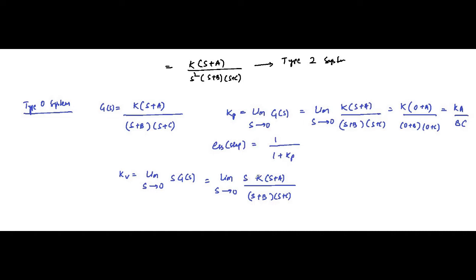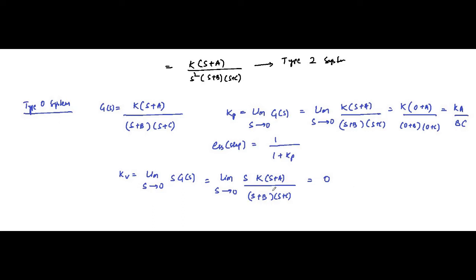So here no need to do anything. If there is s in the numerator and limit s tends to 0 we have to evaluate, means there will be 0 in the numerator. So when 0 comes in the numerator, the result will be 0. No matter what the other values are, the result will be 0.